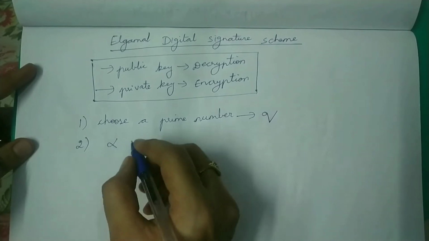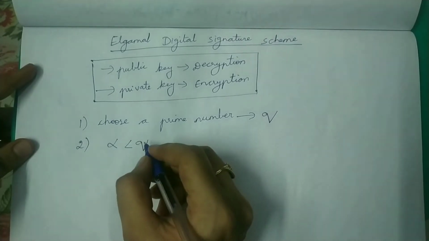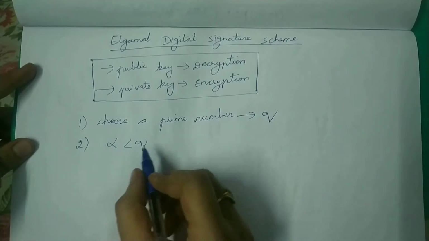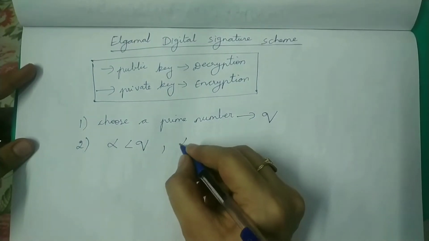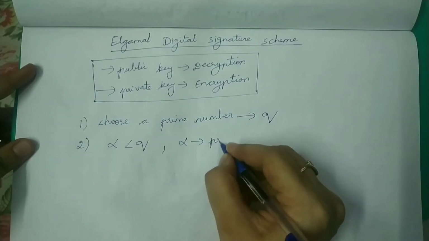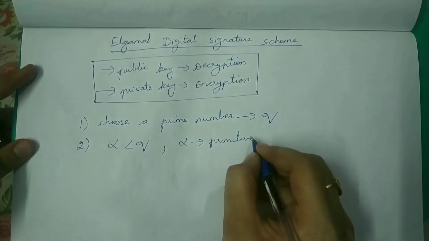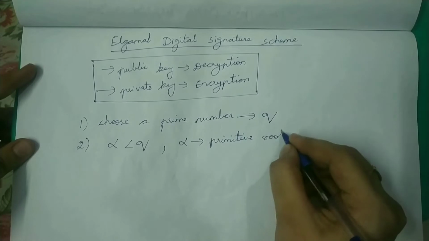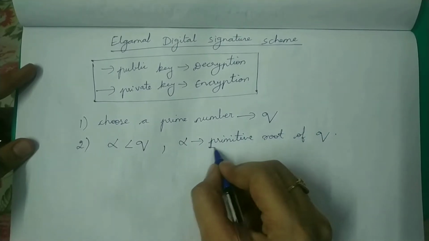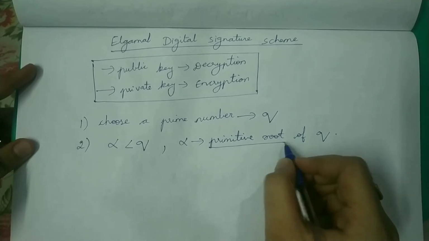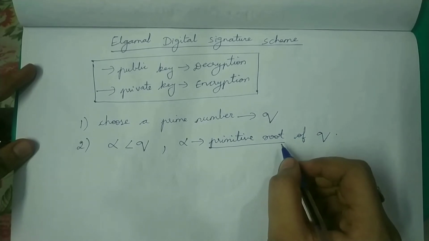This alpha must be lesser than Q, that is, it should be lesser than the prime number. And the second condition is this alpha must be a primitive root of the prime number Q. I'll teach about this primitive root when I explain a problem.